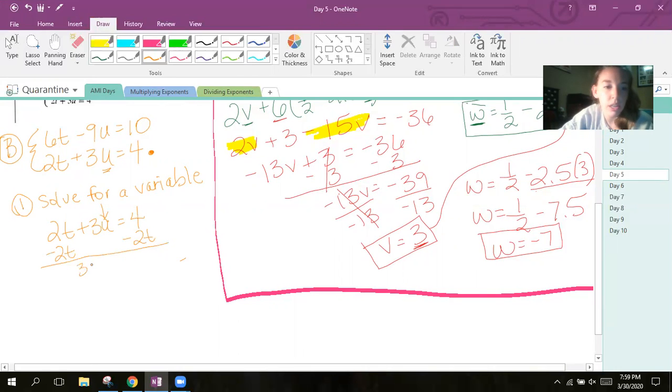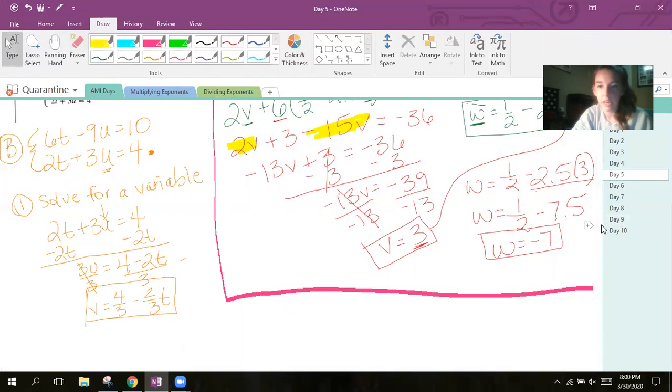I have 3u equals 4 minus 2t. Again, we can't combine those terms because they are unlike. Then I divide by 3, divide by 3. And I have u equals 4 divided by 3 is 4/3. A negative 2 divided by a positive 3 is just going to be negative 2/3. Okay, so there is my first step completed.